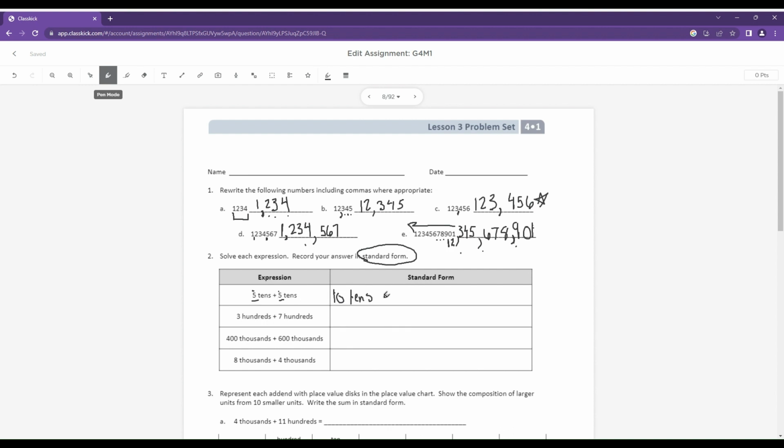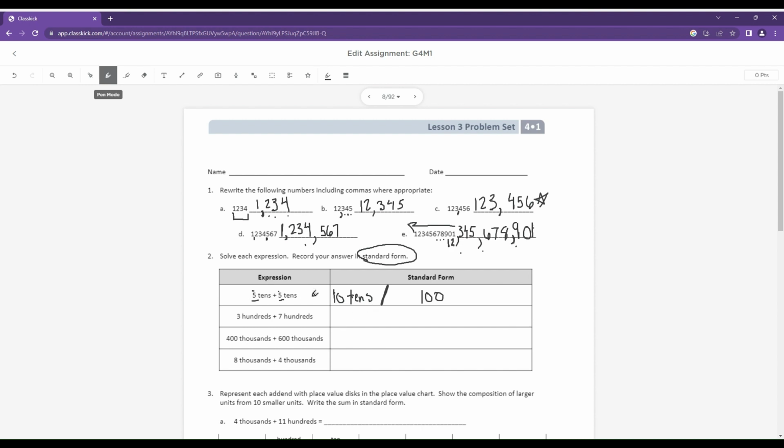But it wants it in standard form, so I'm using that 10 tens to help me. I know that 10 tens, 10 of one place value, means 1 of the next greatest place value. So after our tens comes our hundreds. So 10 tens is equal to 100.